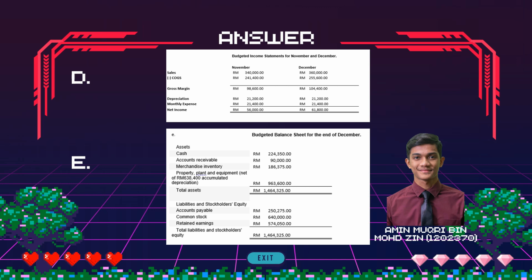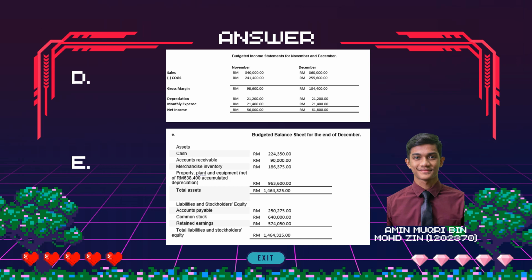1,464,325 ringgit. For the liabilities and stockholders' equity, start with account payable, which we get from cash disbursement for merchandise. And then the second, we have common stock, which is stated in the question.